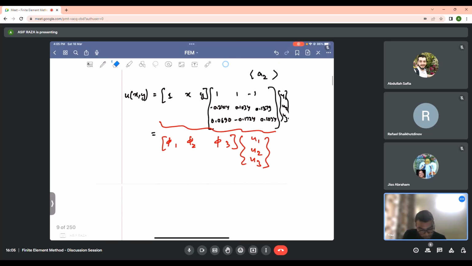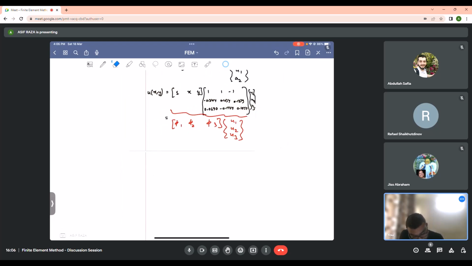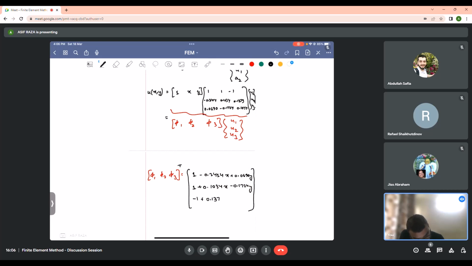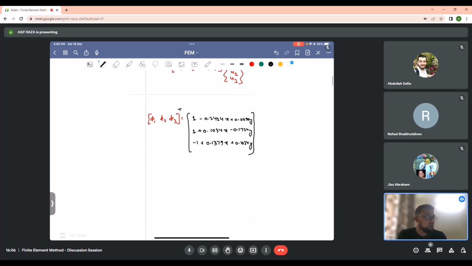I'll directly use the multiplication, and the transpose is equal to: 1 minus 0.2414x plus 0.0690y; 1 plus 0.1034x minus 0.1724y; and minus 1 plus 0.1379x plus 0.1034y. Okay, so now I've got the values of phi 1, phi 2, phi 3.